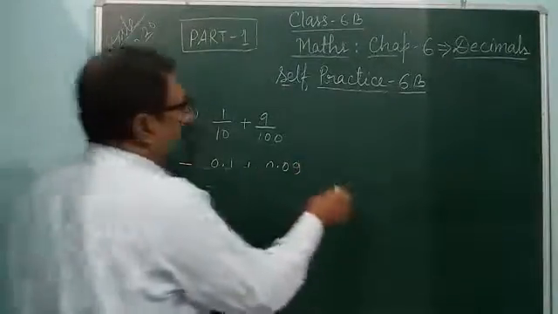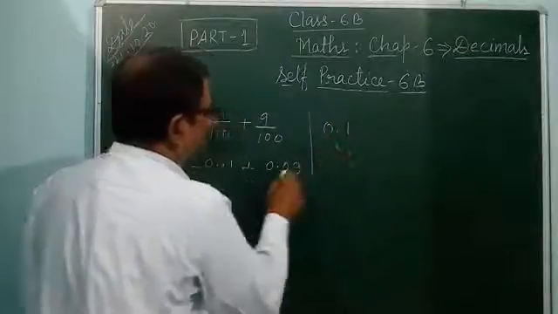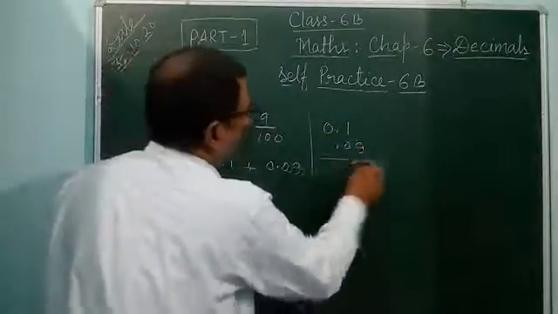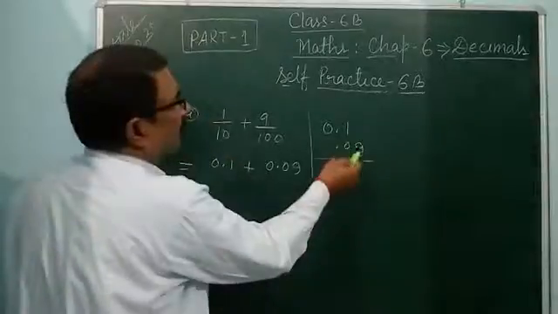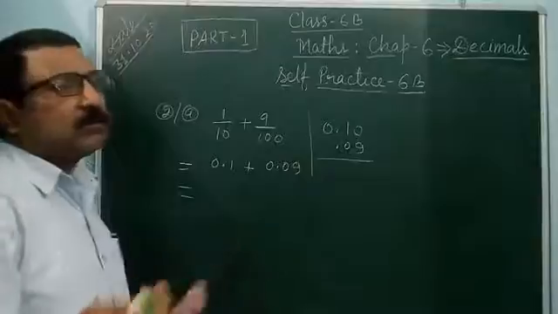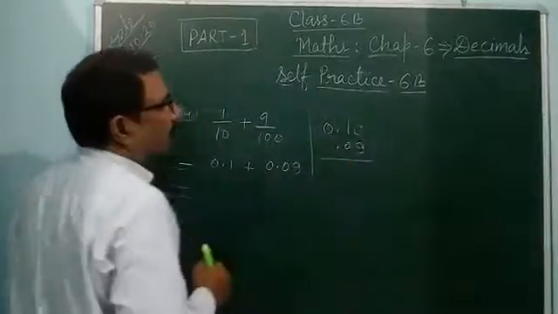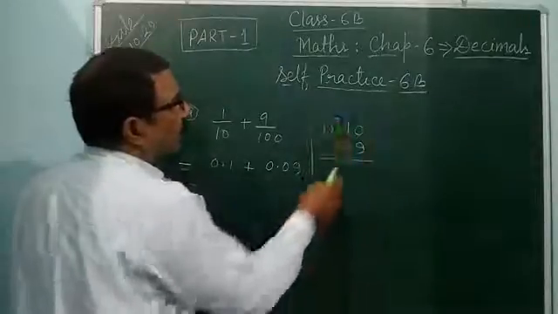How? You can take a rough copy if you want to. 0.1 and 0.09. Above the 9 there is no number, so you can write 0. 0.1 or 0.10 is the same thing. If you want to, you can fill the blank with 0. It does not matter.